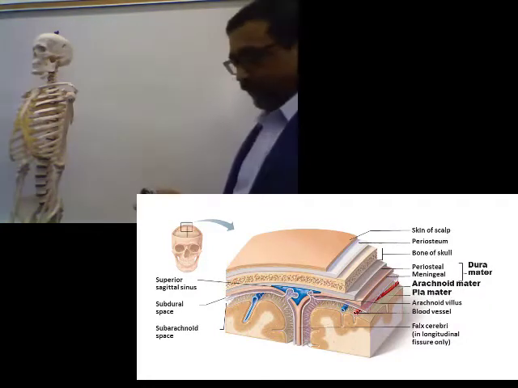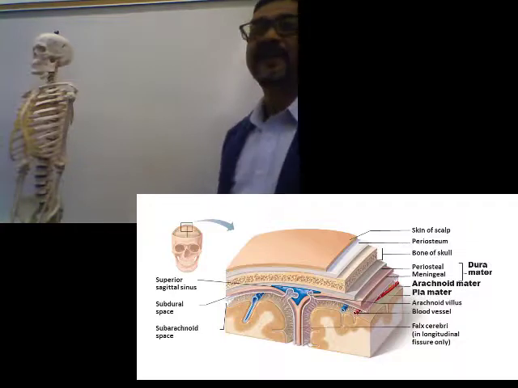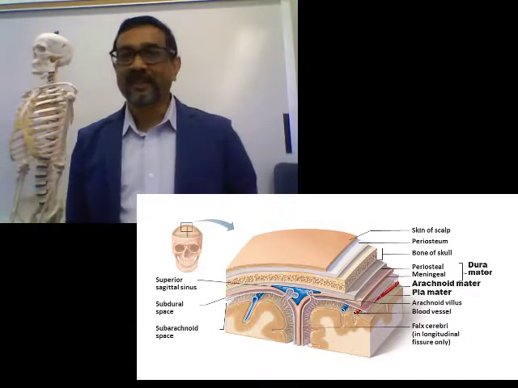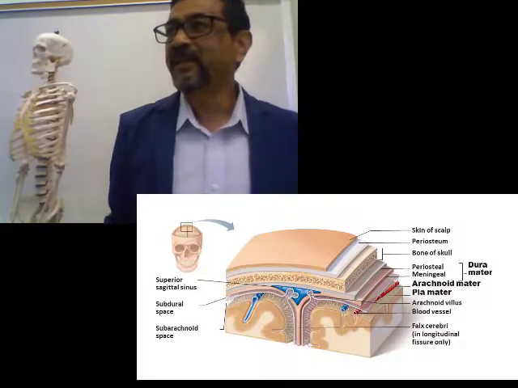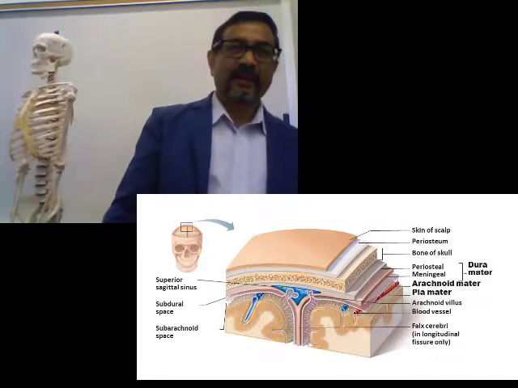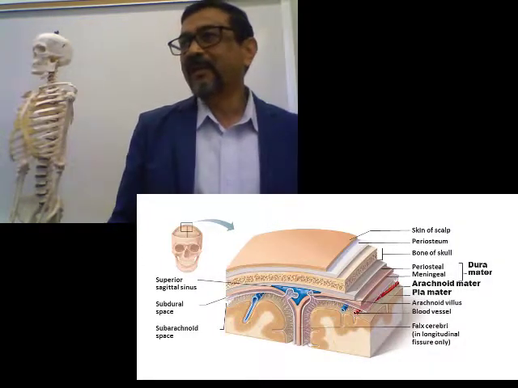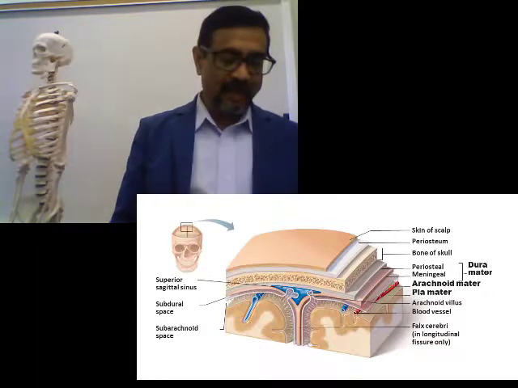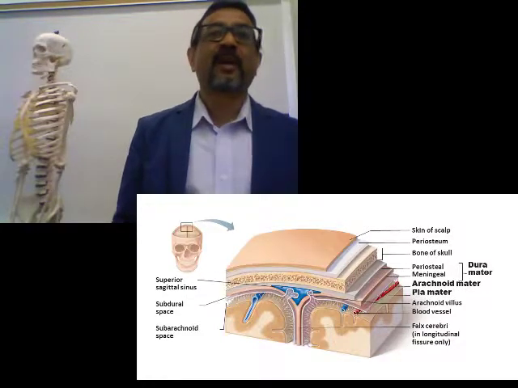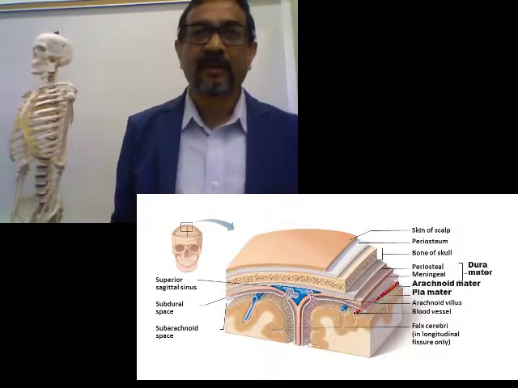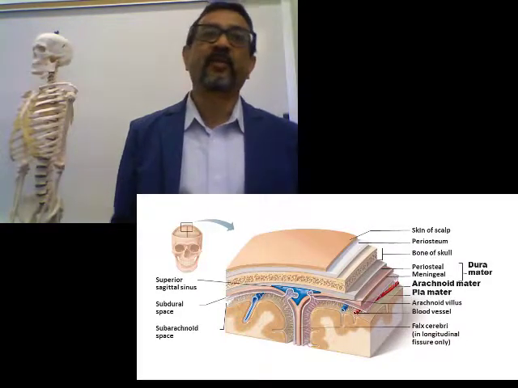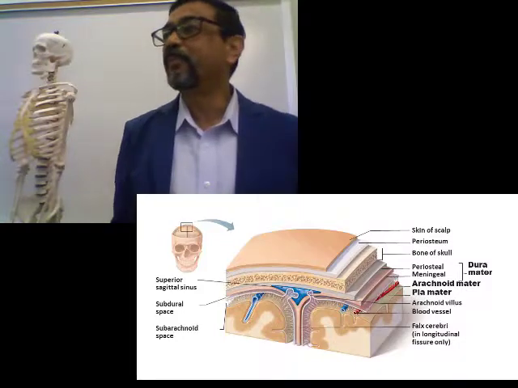And under the bone you have the meninges. Have you heard the term meningitis, right? Inflammation of the meninges. So the meninges has three membranes, or three layers. The outermost one is called the dura mater, the middle one is called the arachnoid mater, and the innermost, thinnest one is the pia mater.